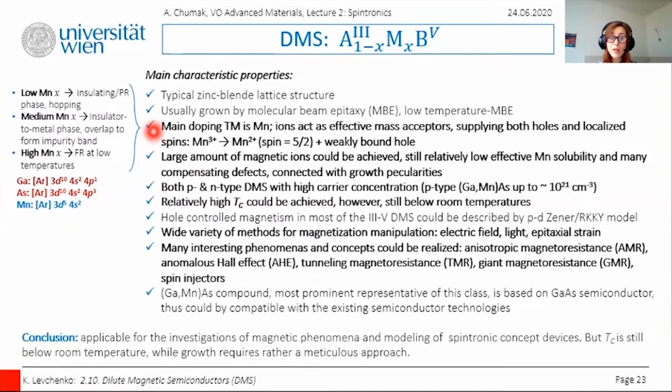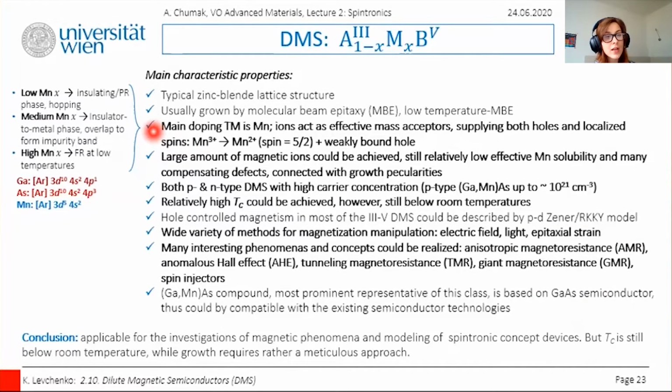So it's well compatible with the existing semiconductor technologies, and it does not require large jumps and changes of manufacturing processes. And we can step-by-step work with this dilute magnetic semiconductor in tandem with just a regular semiconductor.